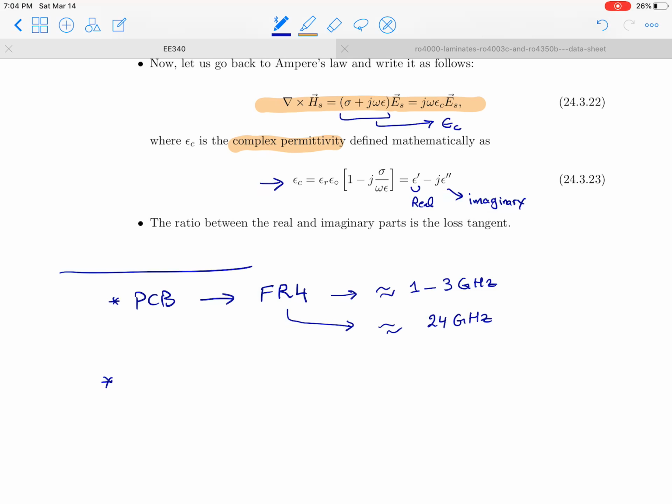The imaginary part is responsible for losses. Remember, the complex permittivity can be written as epsilon prime times 1 minus j times the loss tangent, so the ratio between the imaginary and real part is the loss tangent.